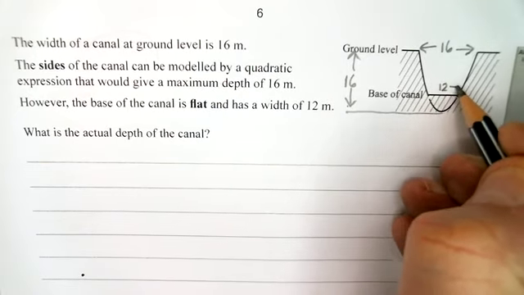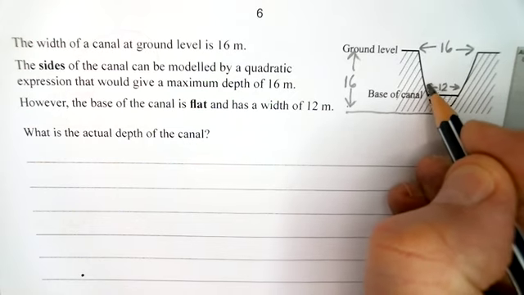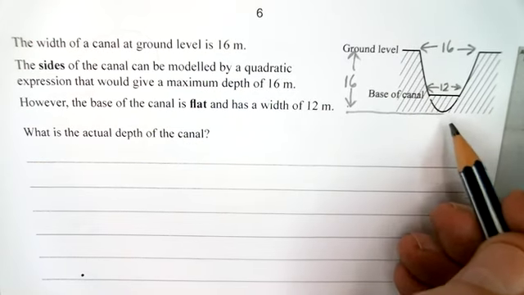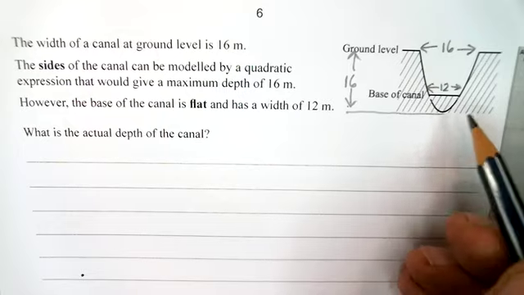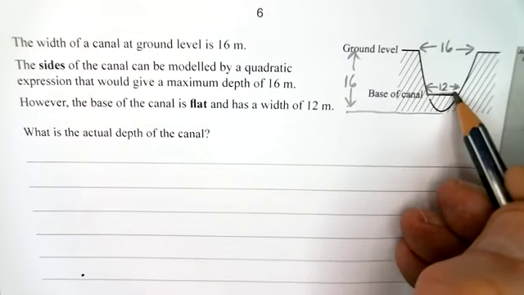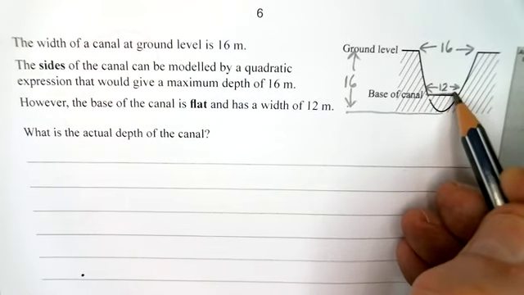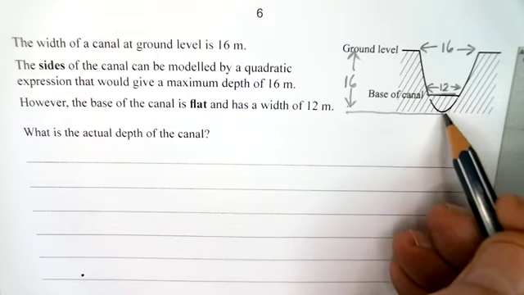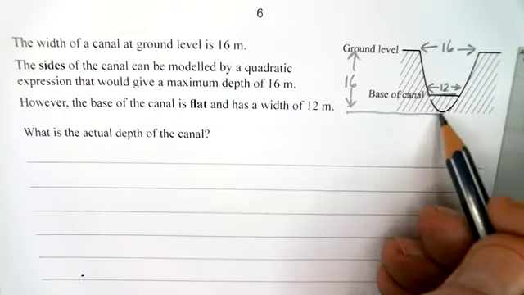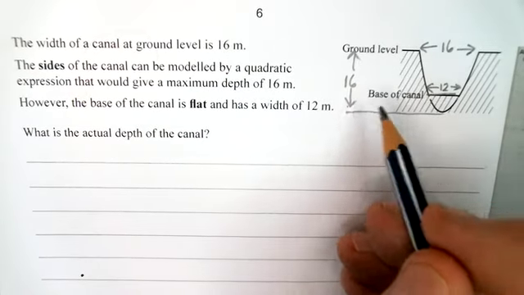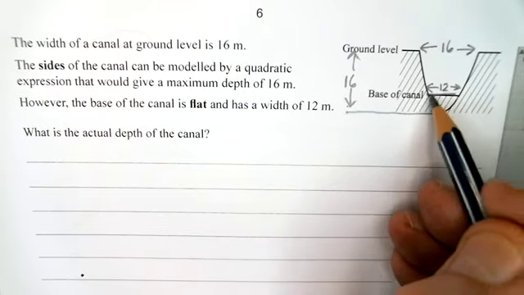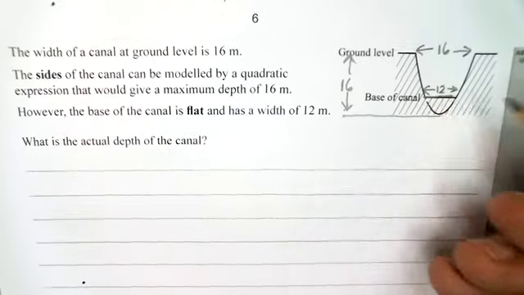So that's interesting. It's making a distinction between the base, which is there, and the maximum depth, which must be different then. And so that would make sense for this to be 16 metres and the base to be something a bit different. So that works quite well.